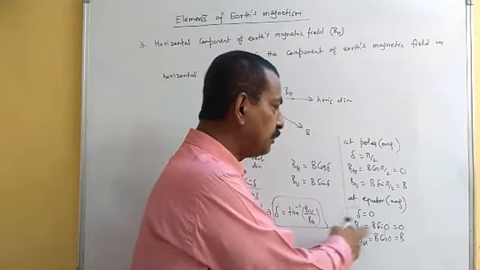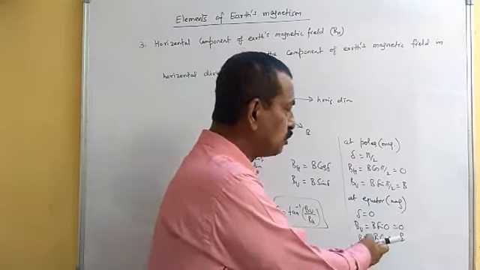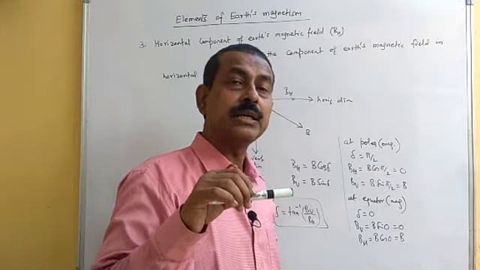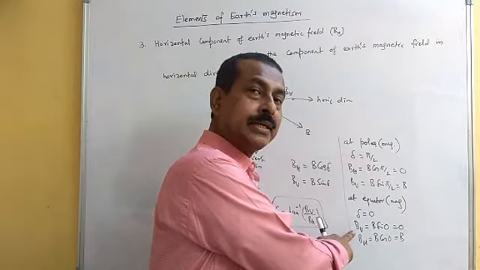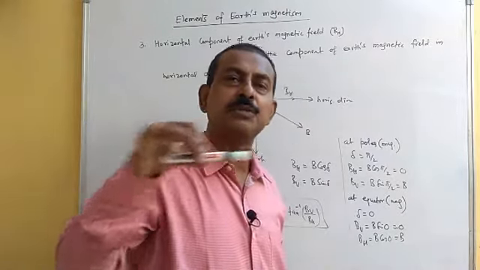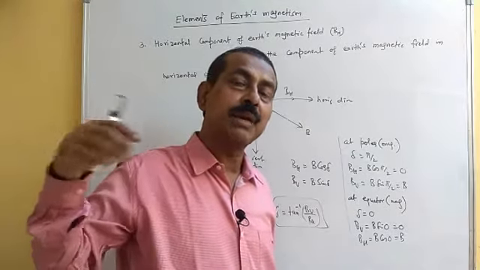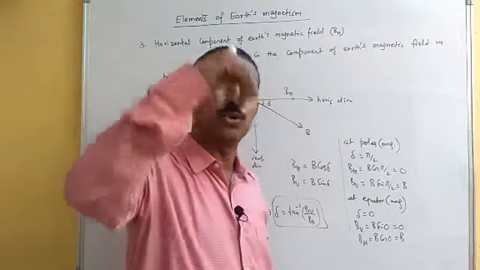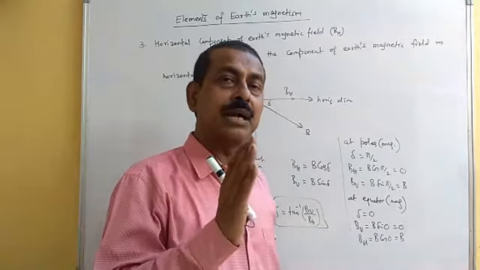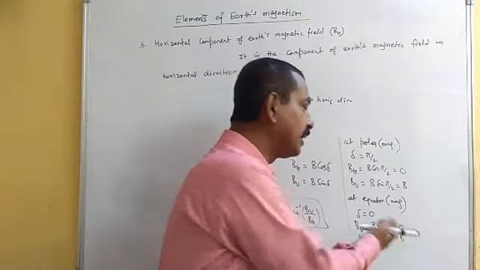So BV will be B sin 0, that is 0, and BH will be B cos 0, that is B. Here again you can see that at the magnetic equator, the vertical component will be 0 because the magnet is perfectly horizontal there. If it is horizontal, that means the net magnetic field is also in that direction. So obviously there is no question of any vertical component. And at the same time, we can also say whatever the horizontal component is, it is the net magnetic field at that place also.